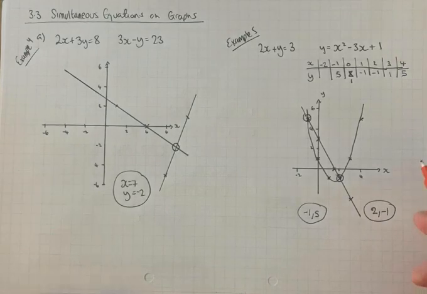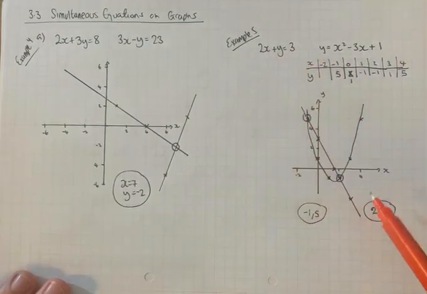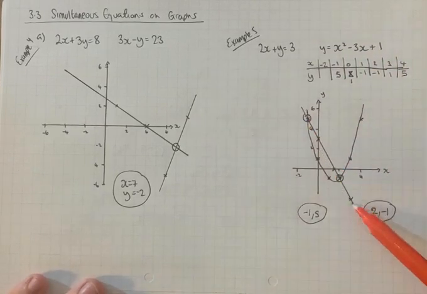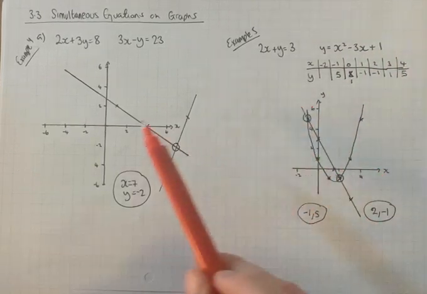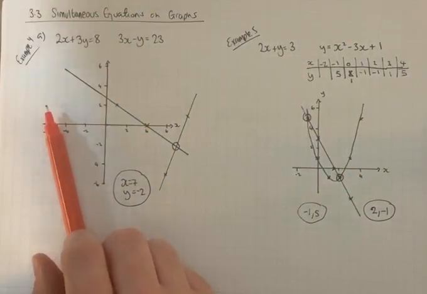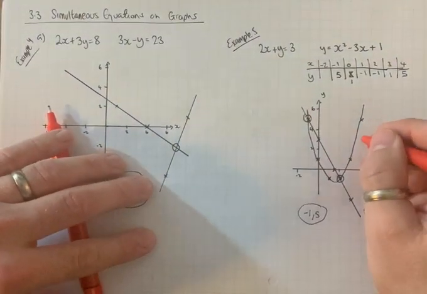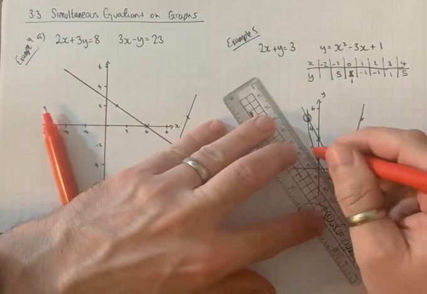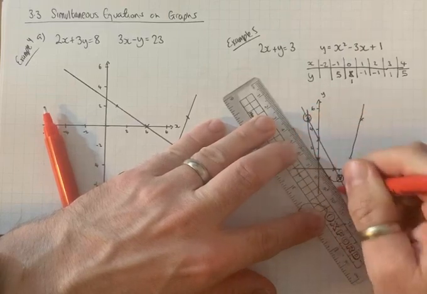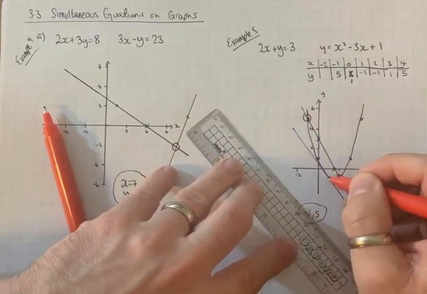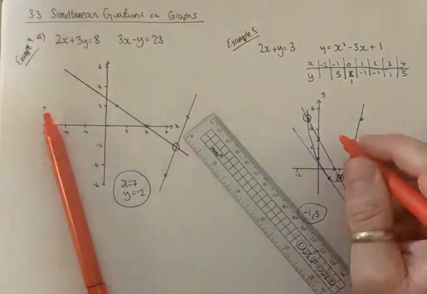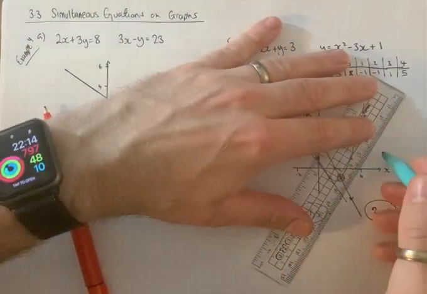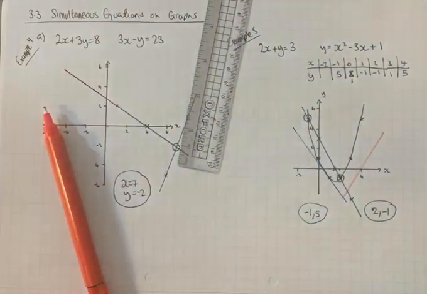Now, when you've got a linear equation, a straight line, and a curve, three things can happen. They can cross twice, like in this example, or the straight line might just touch the curve, in which case you would say it's tangent to the curve at a particular point, or another straight line might never meet it, might never cut.